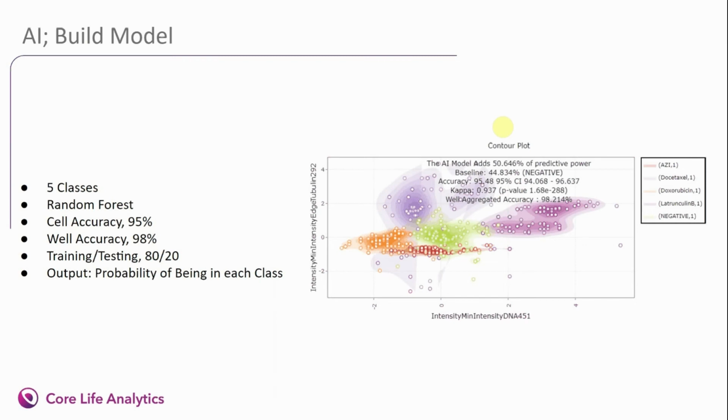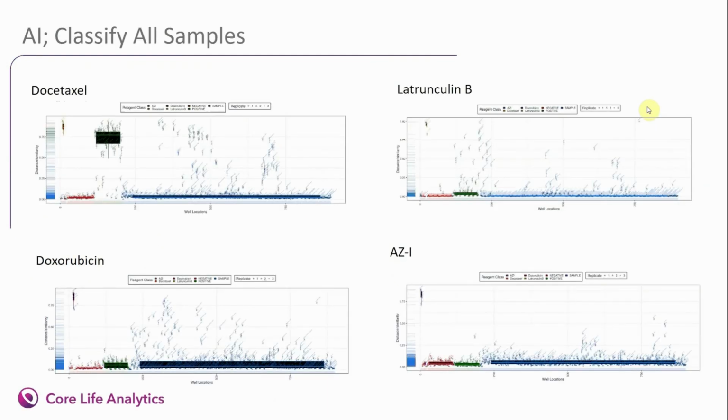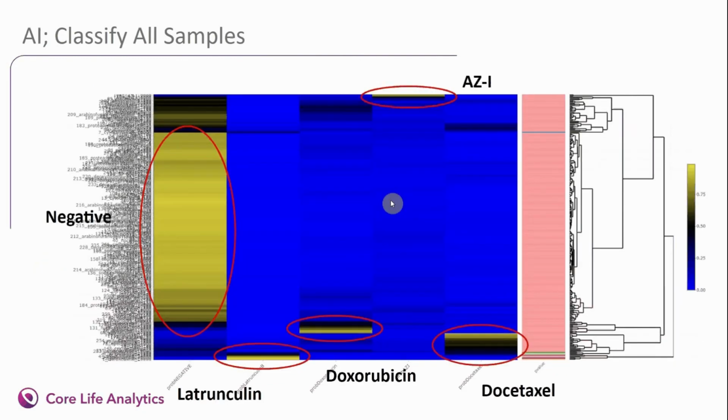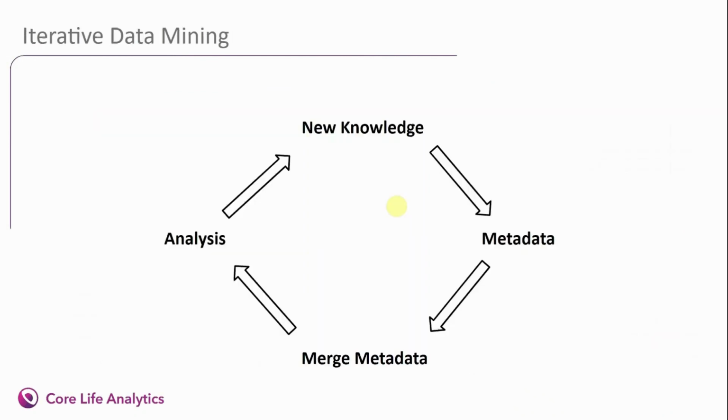Here we've built a random forest machine learning model based on these different reagents. And then what we can do is we can ask the question, okay, what wells look very similar to either docetaxel, latrunculin, doxorubicin, or AZI? And then what we can see is actually they pull out wells that have a similar mechanism of action.